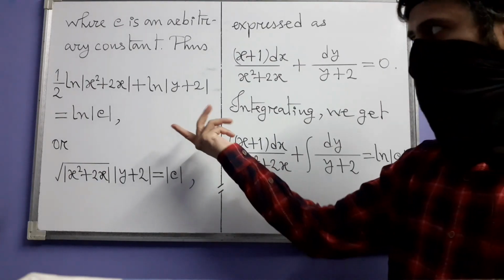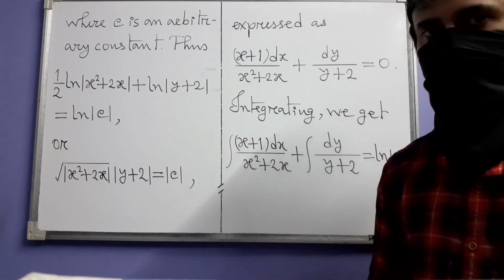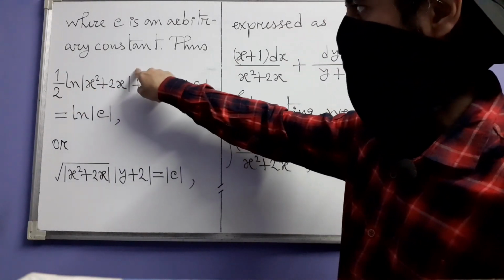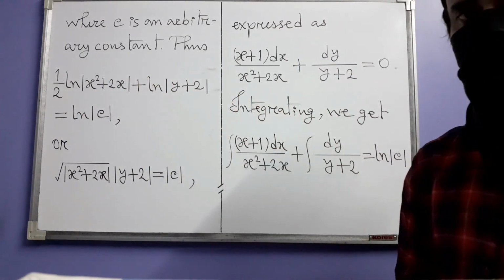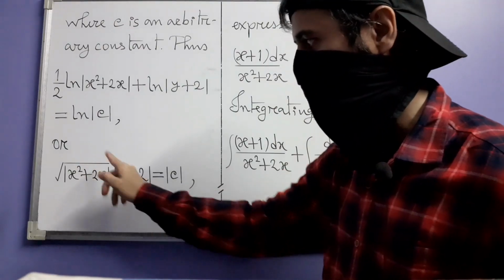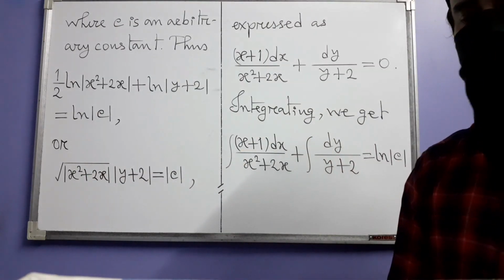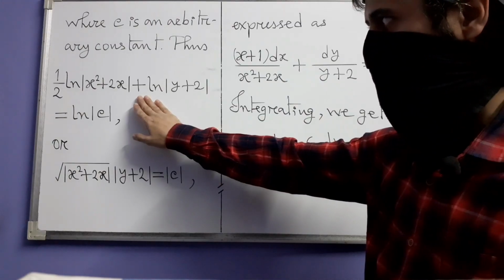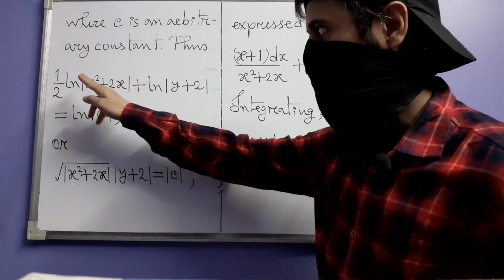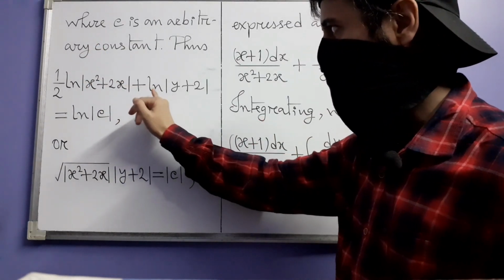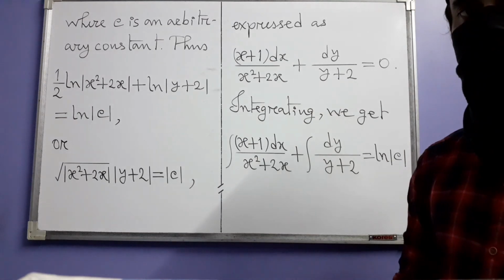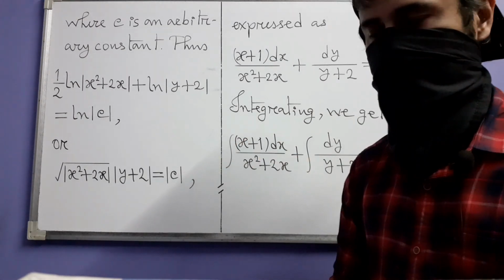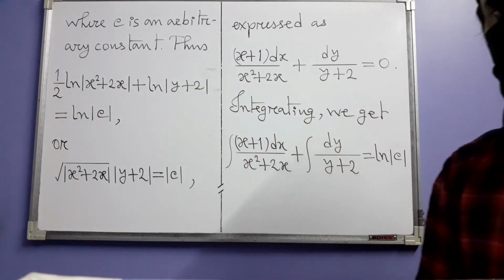And then you apply your rules for logarithm that you already know. This 1/2 comes inside and becomes the exponent, giving you the square root of |x² + 2x|. And you also have a sum. So that means ln of the square root of this plus ln of this. So that means ln of their product. So you have the product, and on this side you have ln|c|.